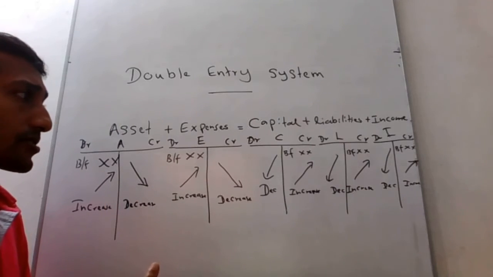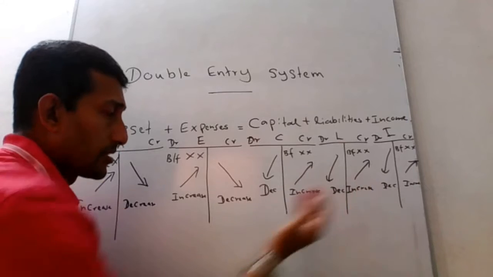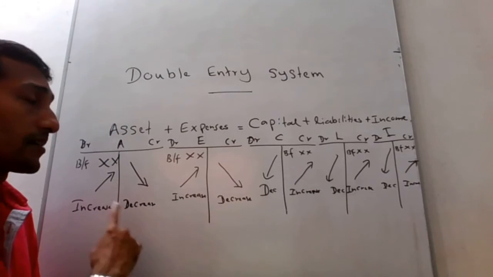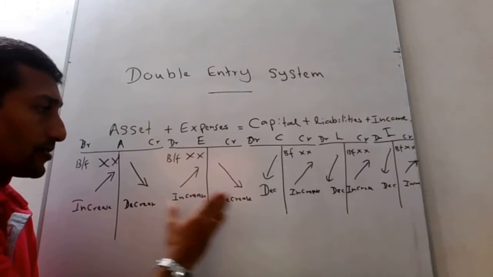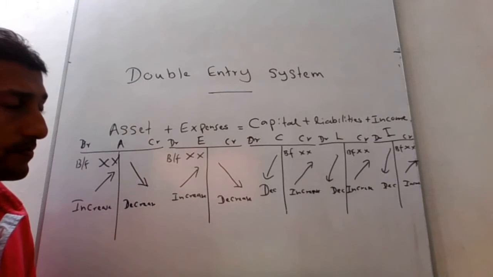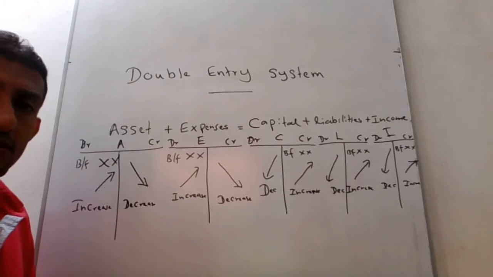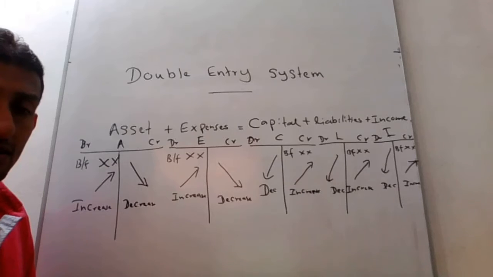However, if I want to reduce these balances, I should debit. But when it comes to assets and expenses, if I want to reduce, I should credit, because it's against the debit balances. So let's try to apply this to day-to-day transactions.